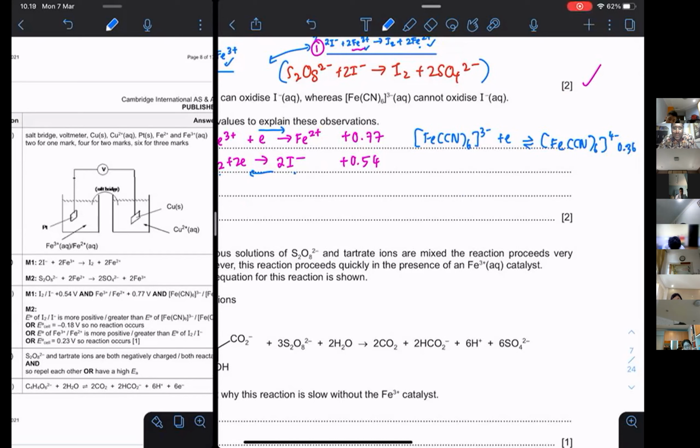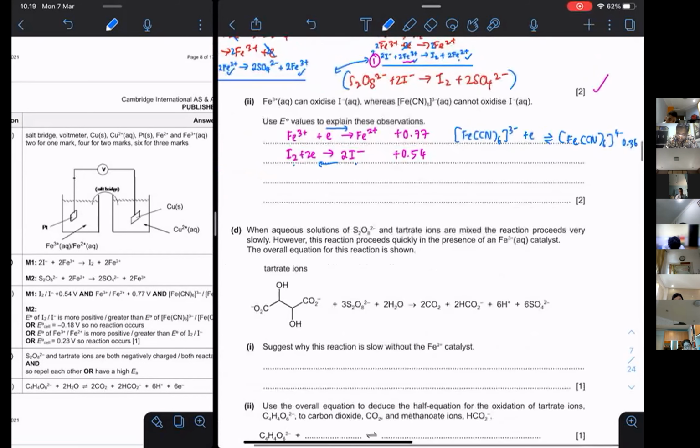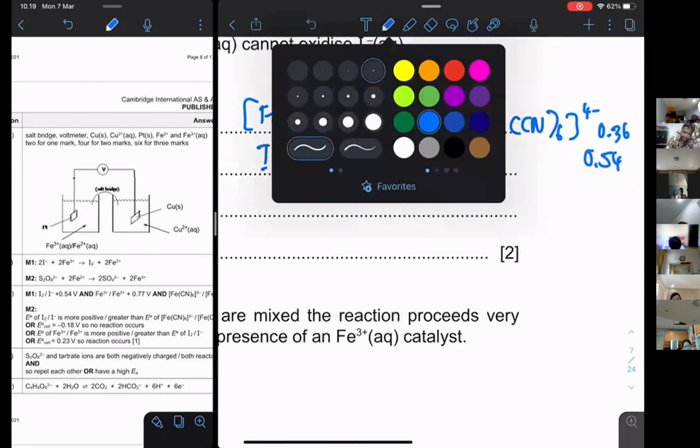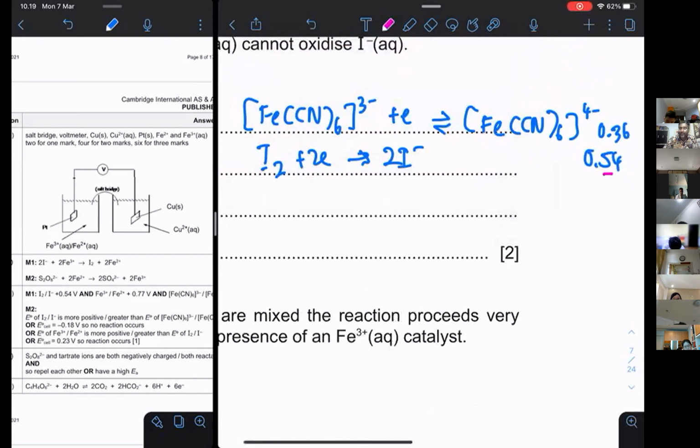Now I'm talking about the same thing, I2 plus 2 electrons to give me 2I-, 0.54. Now you see the value, which one is more positive? This value, 0.54, is more positive than 0.36. If it is more positive, they go here.